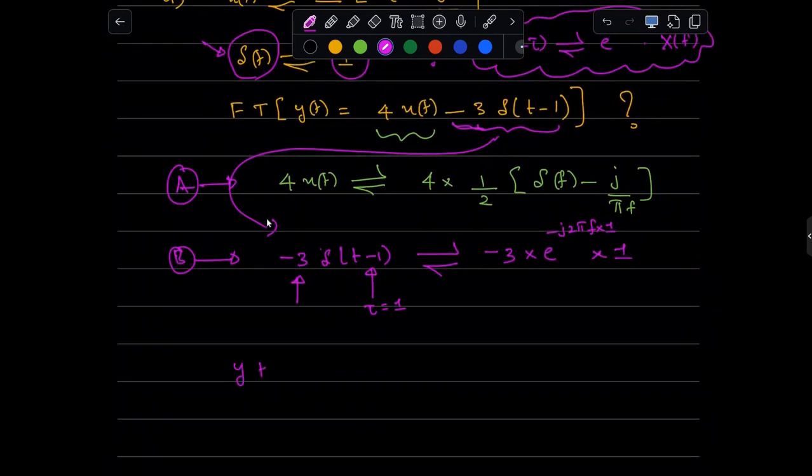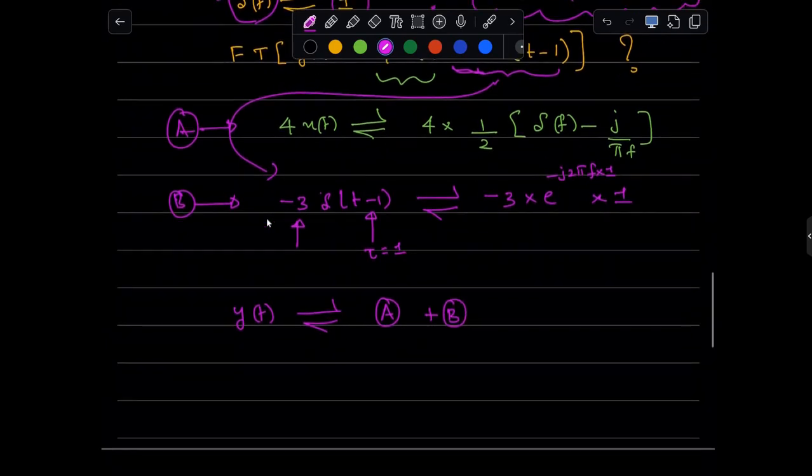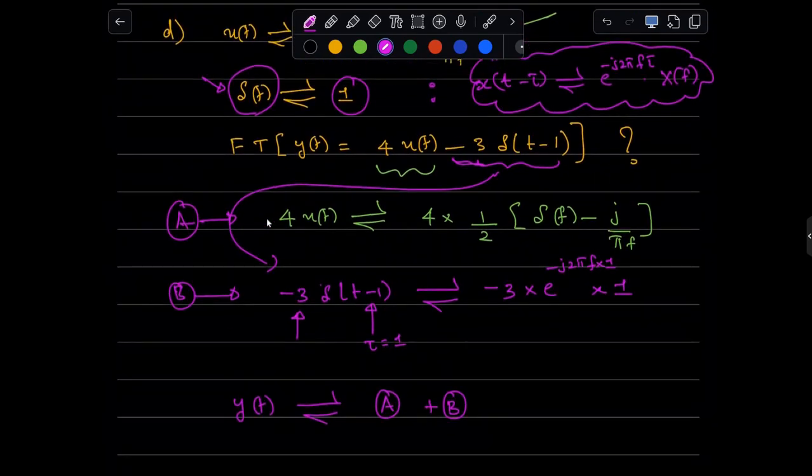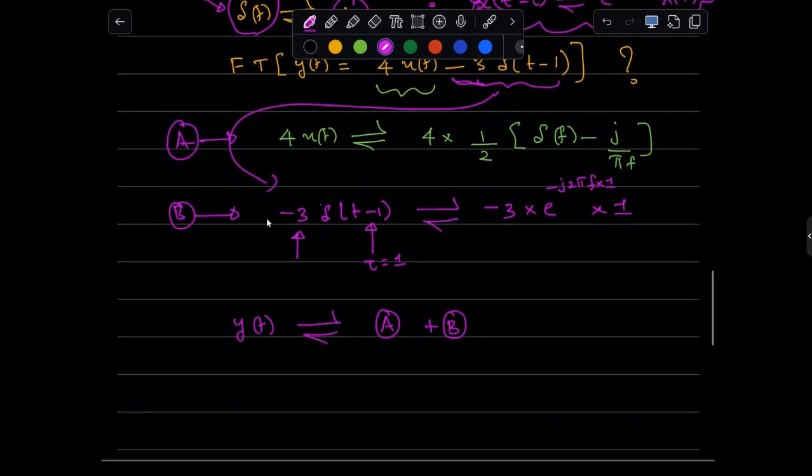So we will combine to obtain the Fourier transform of y of t. I have A, then also B, so I have to add A and B, because I have already considered the minus sign. This signal is 4 times 1 over 2, which becomes 2, times delta of f minus j over pi f, then minus 3 times e power minus j 2 pi f.